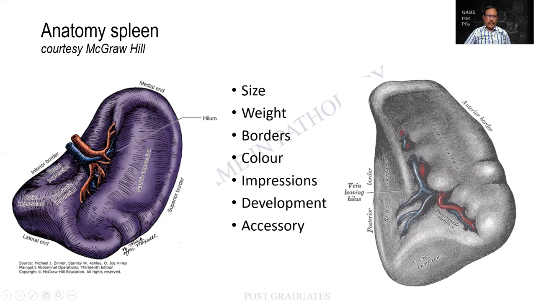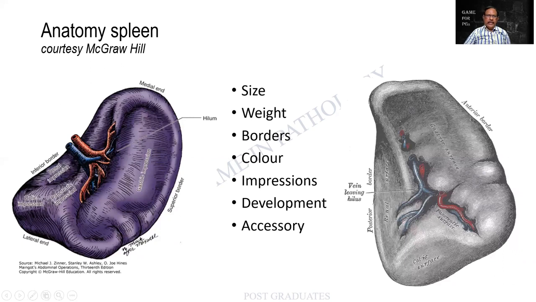If you were to take this one, I would like you people to kindly appreciate that it is about the size and shape of a closed fist. And there is an entry of an artery and an exit of a vein. Obviously, there will be a depression which is called the hilum.